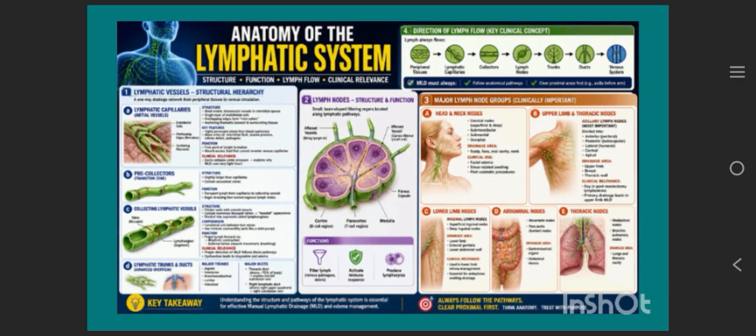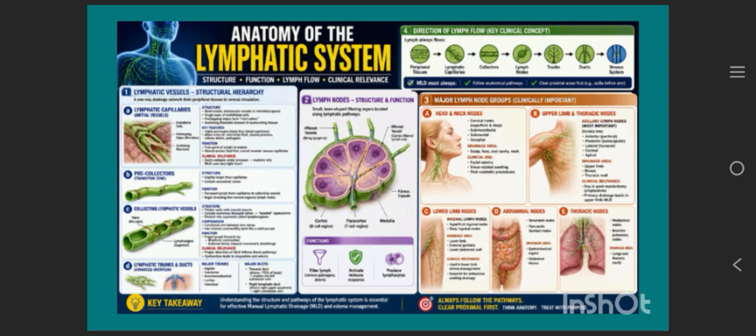Third is collecting lymphatic vessels, where we discuss the lymphangion, a functional unit between two valves. Fourth is lymphatic trunks and ducts: 5 major trunks and 2 major ducts. Next we will discuss lymph nodes, structure and function.